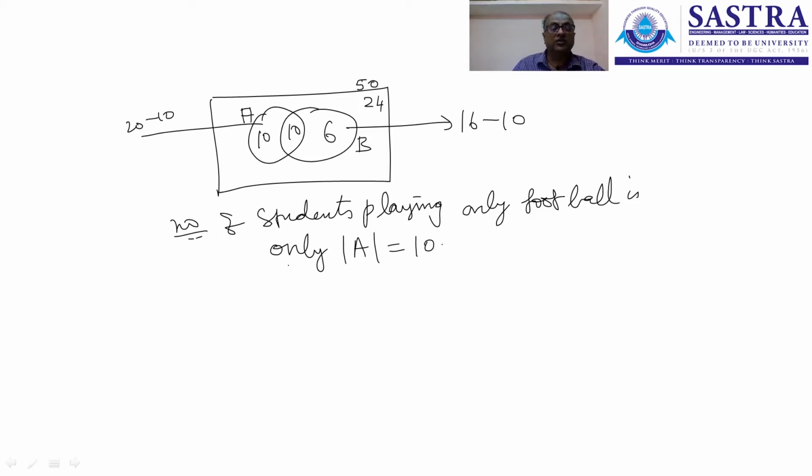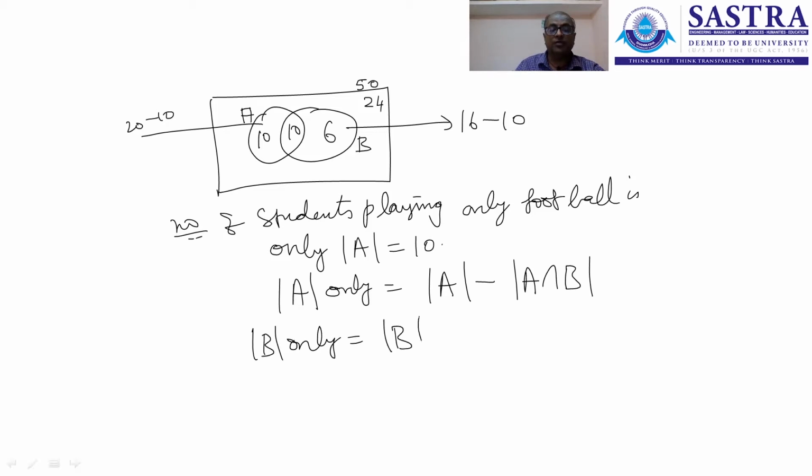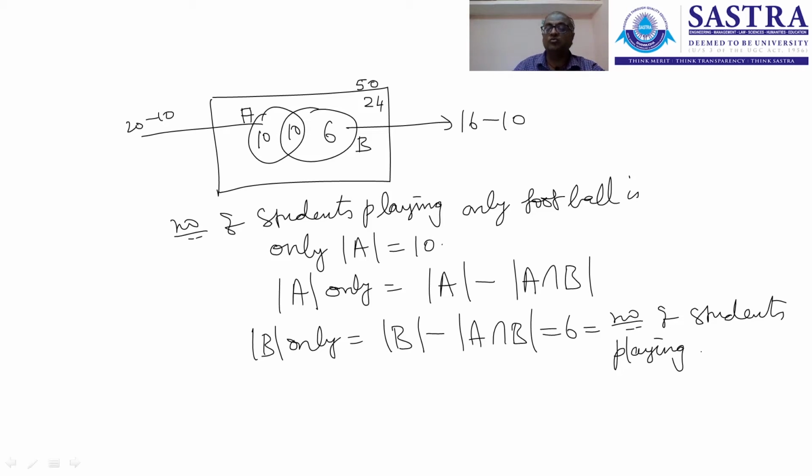I can also use this formula: cardinality of A only is equal to cardinality of A minus cardinality of A intersection B. Similarly, cardinality of B only would be cardinality of B minus cardinality of A intersection B, which would be 6, and this is equal to the number of students playing hockey only. Here you can find all these things using the principle of inclusion and exclusion.